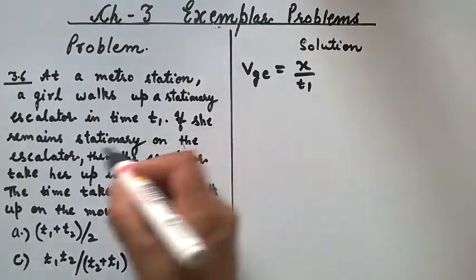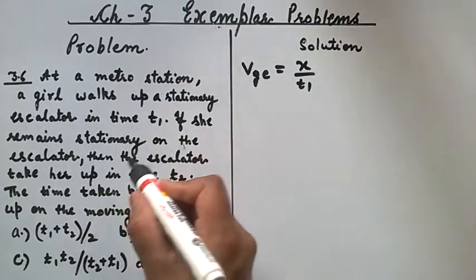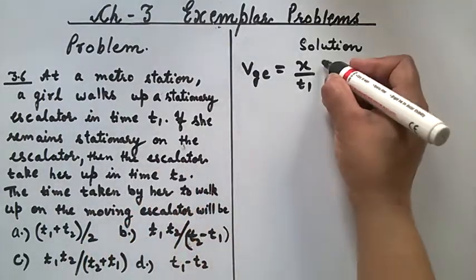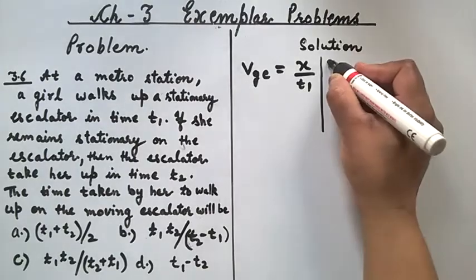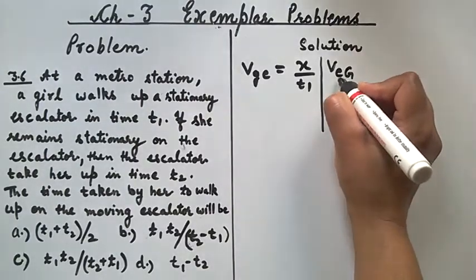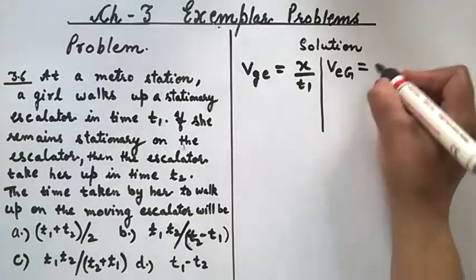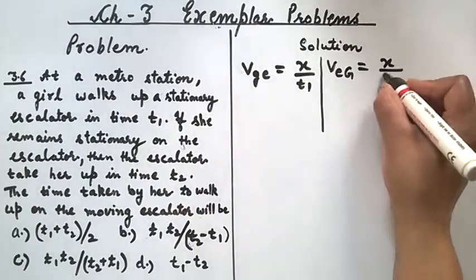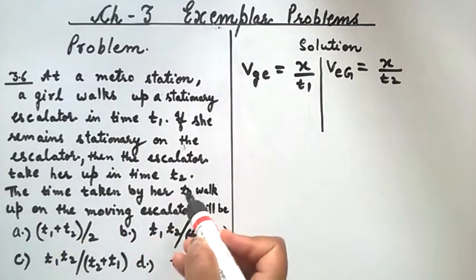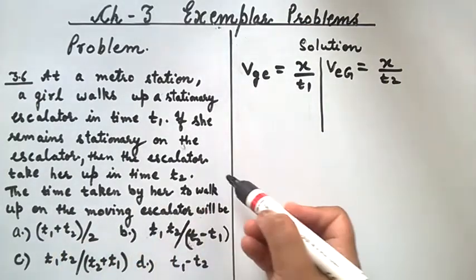Now if she remains stationary on the escalator, then the escalator takes her up in time t2. That is the velocity of the escalator with respect to ground, because now the escalator is moving, so displacement by t2.